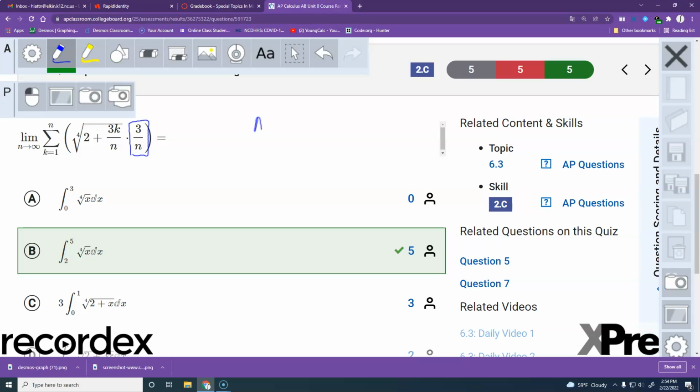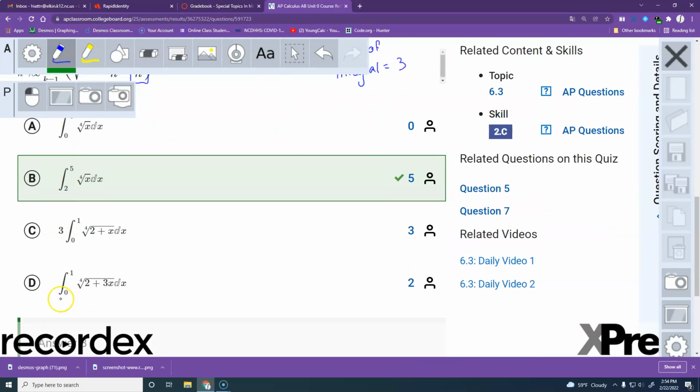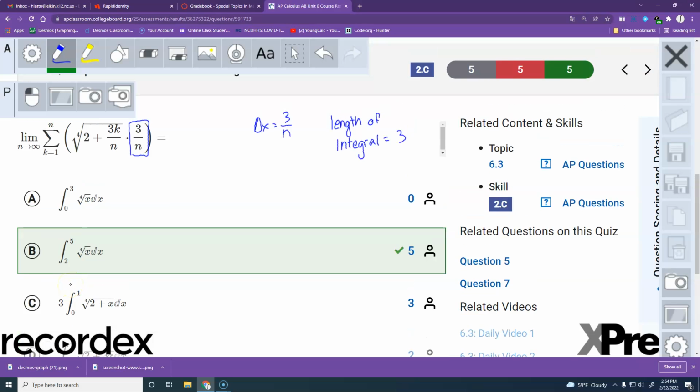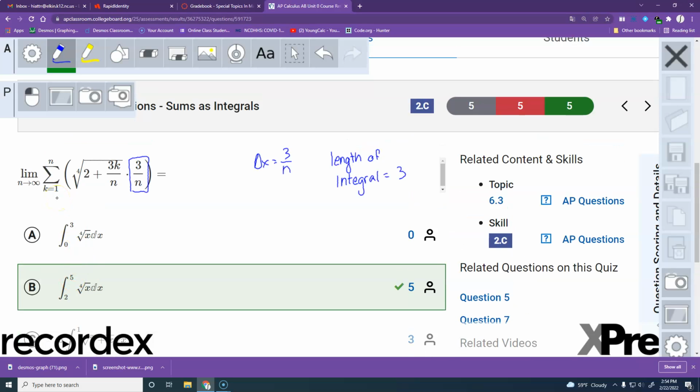That tells you your delta x, which tells us that the length of the integral is 3. So that narrows it down to A or B. And then, notice both of these are just 4th roots.